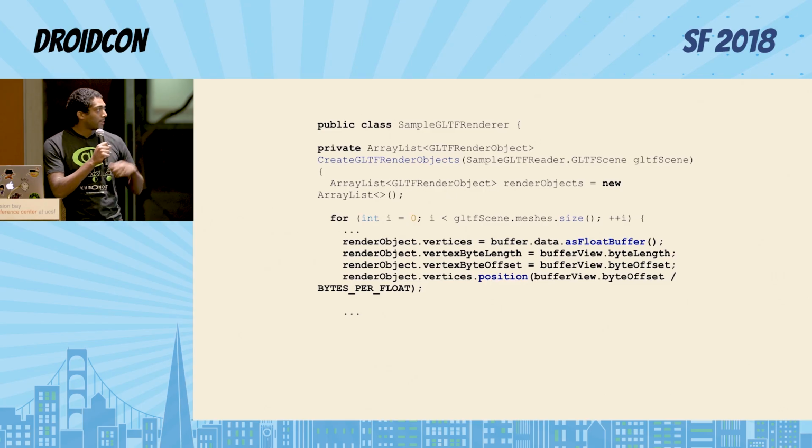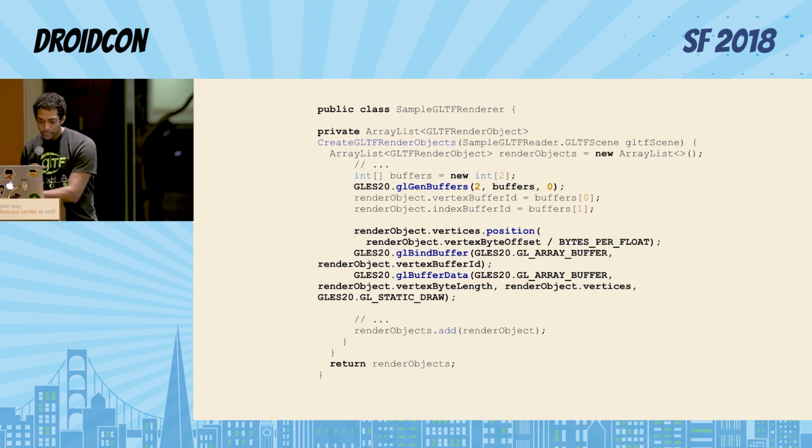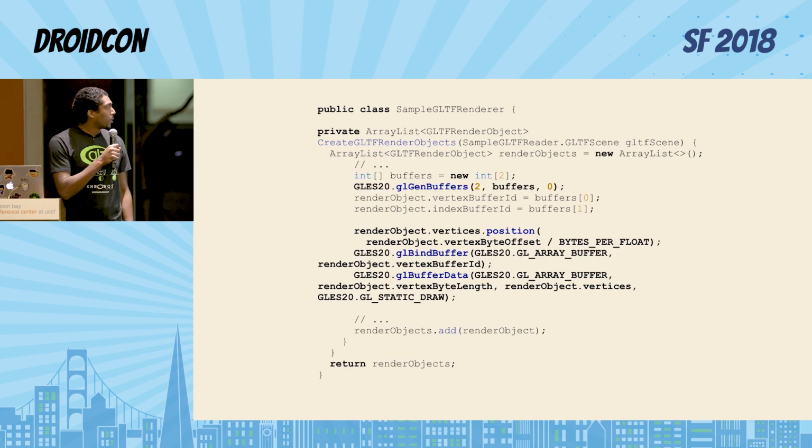And then we are going to apply the byte length and the byte offset and then just position the pointer inside that buffer object to the right position. Similarly, when we want to do the index buffer, we're going to do the same thing.